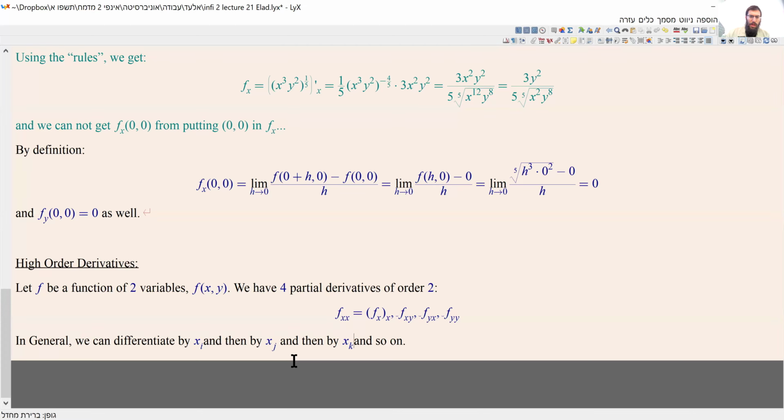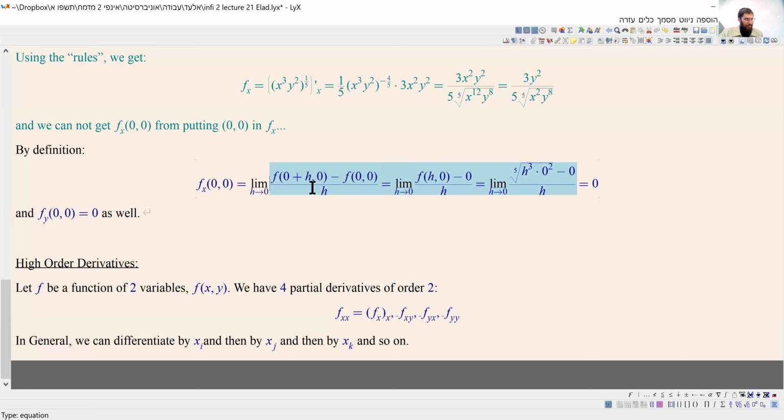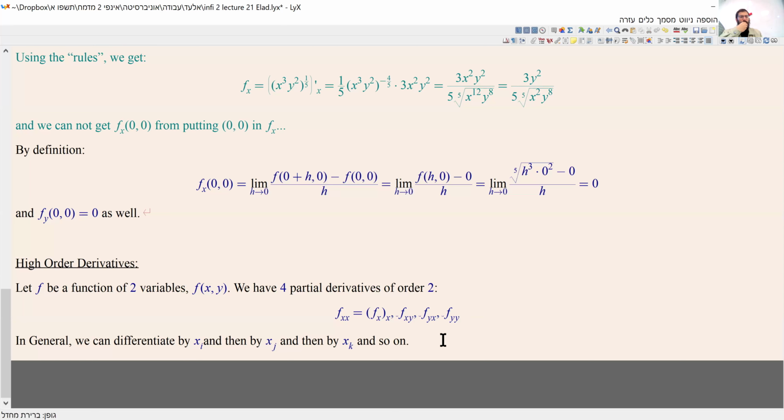No matter how many variables we have, no matter how many times we want to differentiate, of course, the partial derivatives should exist, which is not always the case. The limit doesn't always exist, of course. But considering our elementary functions, they do have as many derivatives as you like.